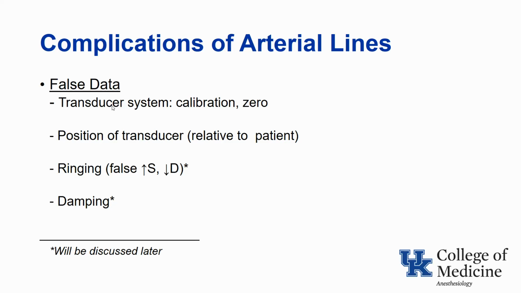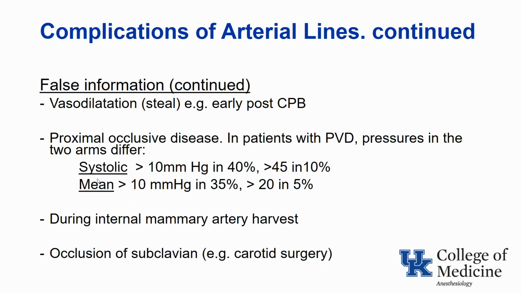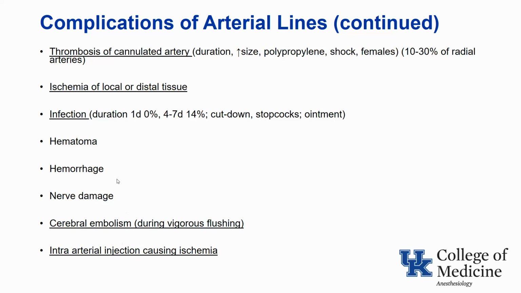This can be due to problems with the transducer system, position of the transducer relative to the patient, ringing and dampening, which I'll discuss briefly in a few minutes. You can also get false information due to vasodilation, proximal occlusive disease, and during occlusion of the subclavian artery. Other complications are summarized on this slide.